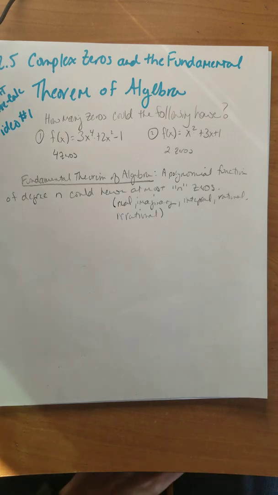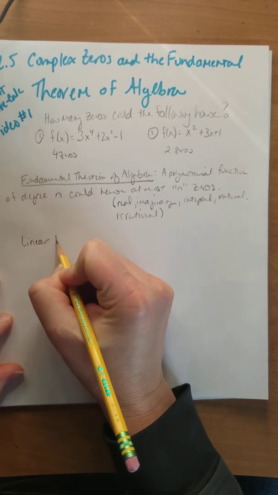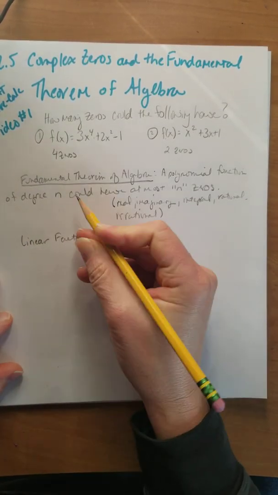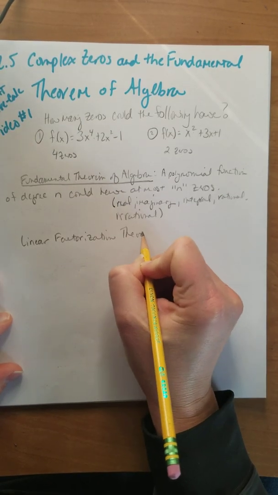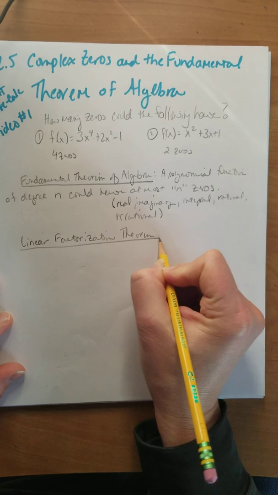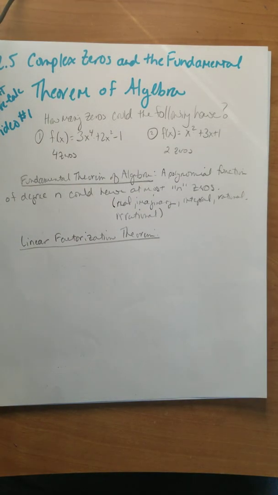Now, linear factorization theorem. I'm just going to get these out of the way right away. Okay, linear factorization theorem just says that any polynomial can be written as a product of its factors.